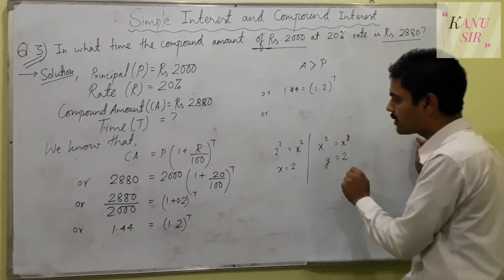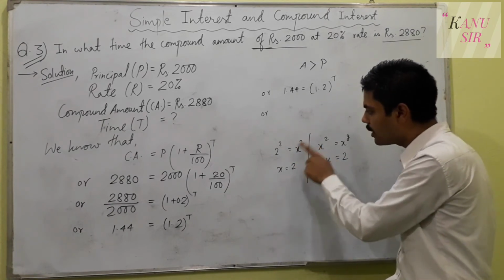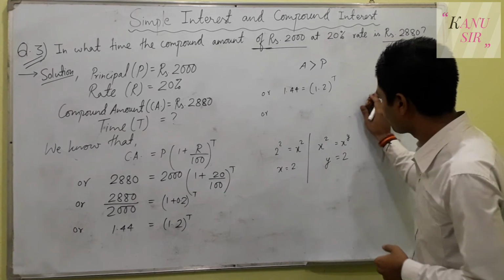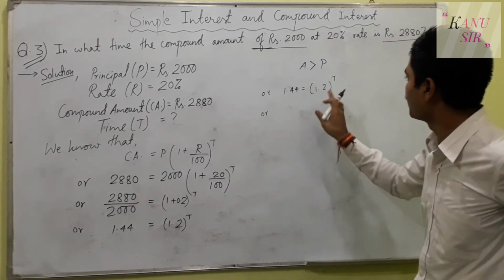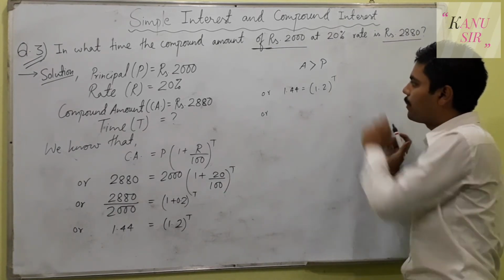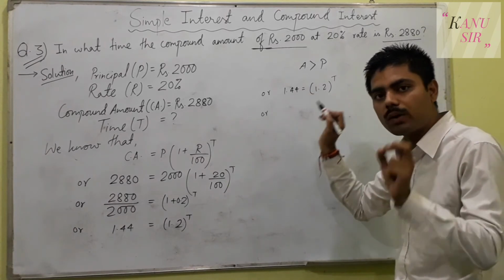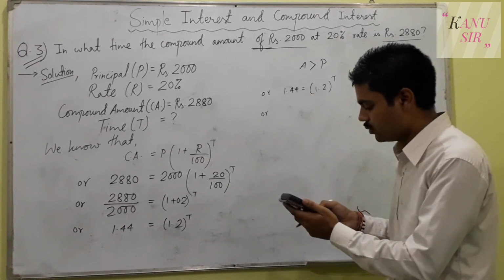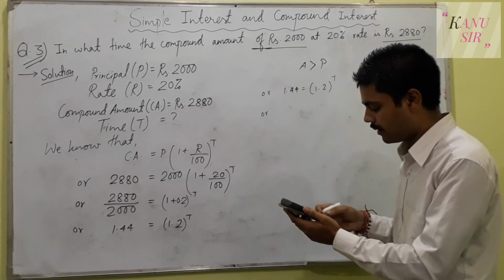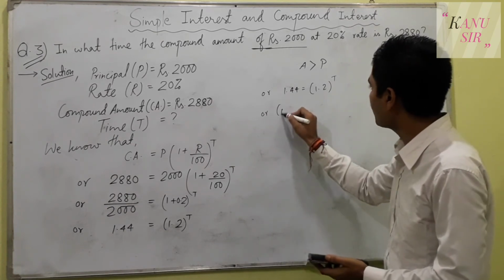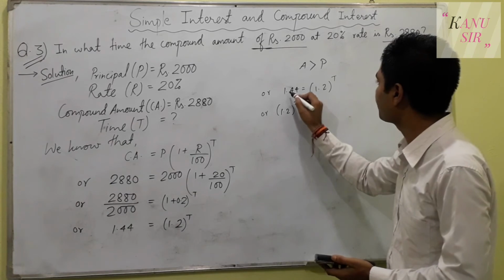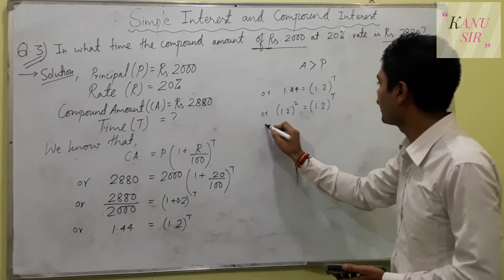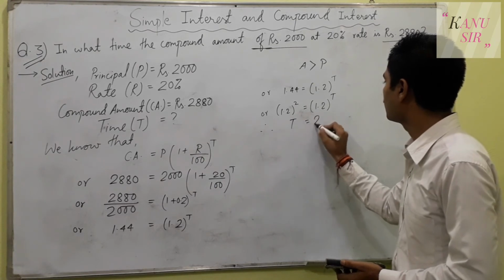So what are we understanding here? If the powers are equal, then bases are also equal. Here we are unknown about the power, and hence we have to make the bases the same. So let us check 1.2 to the power square. 1.2 to the power square gives 1.44, and 1.2 to the power t, and hence the time is 2 years.